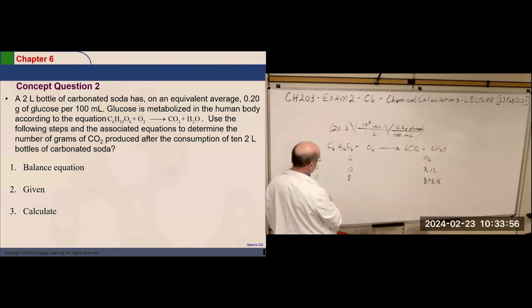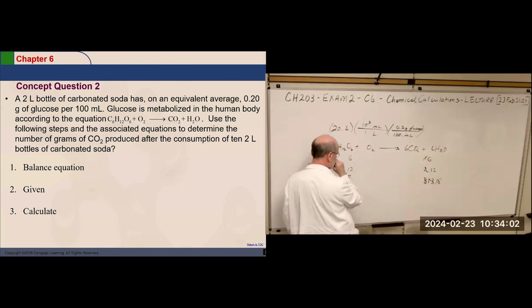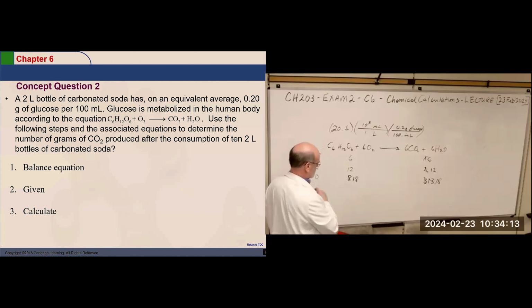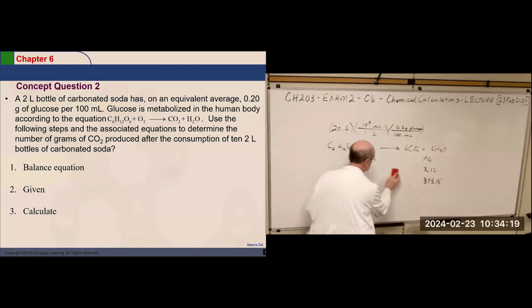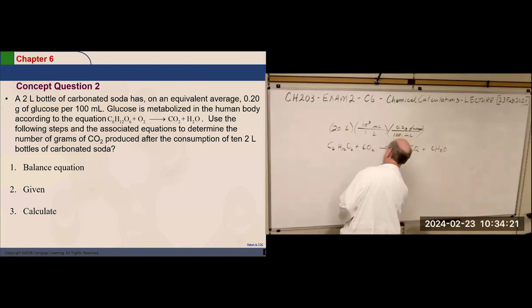And then we've got 6 oxygens here already. If we put a, let's see, 6 from 18 is 12, right? So if we put a 6 here, that'll give us 12 plus 6 is 18. So now we're balanced. Okay.